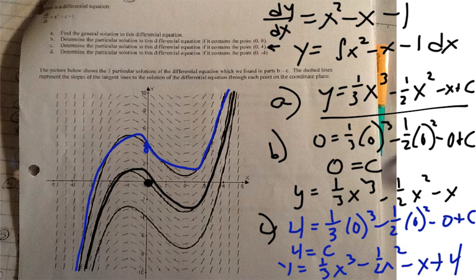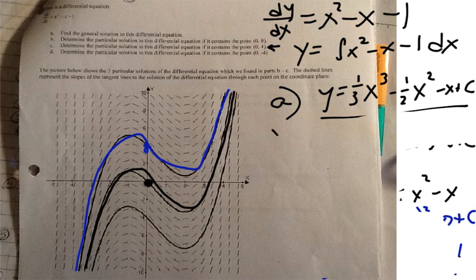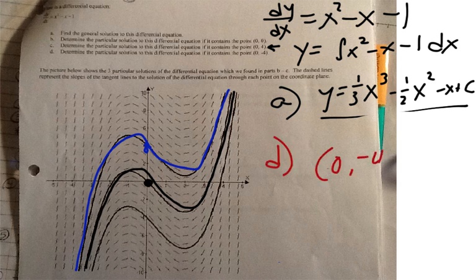Now I've got to erase to make some more room. We'll leave my general solution so I can look at that. So for part D, it says given the point 0, -4.